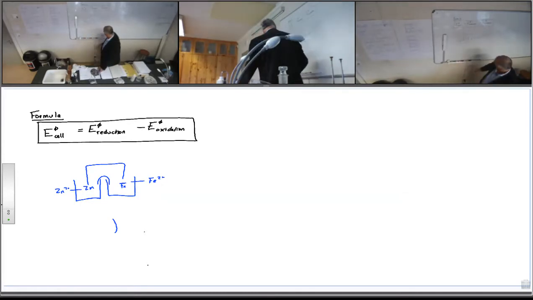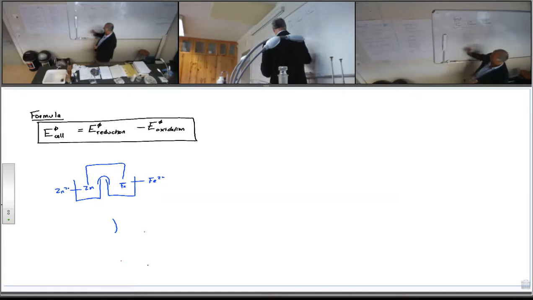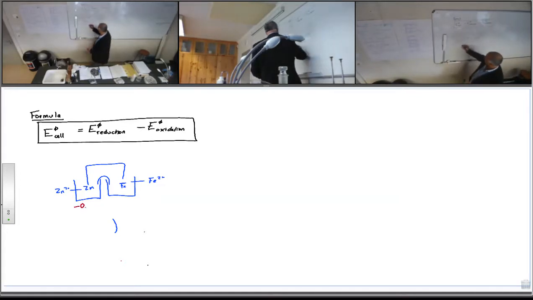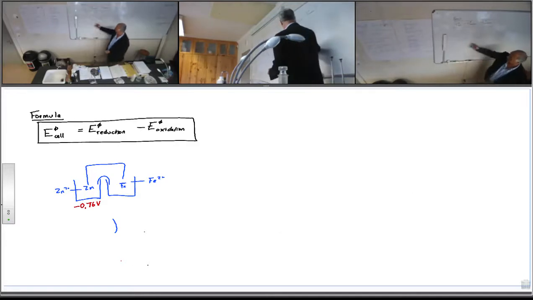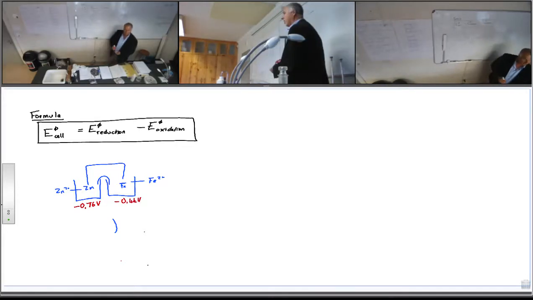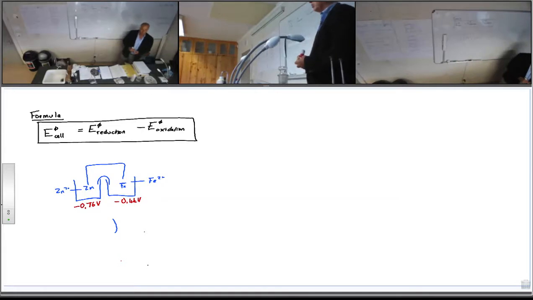Now, who can tell me what's the pulling power of zinc? Minus 0.76 volts. What's the pulling power of iron? Minus 0.44 volts.